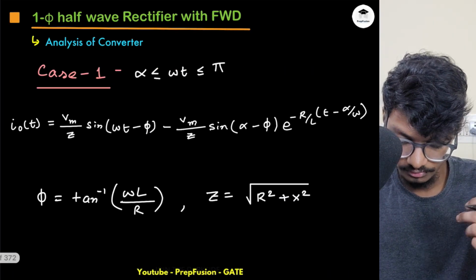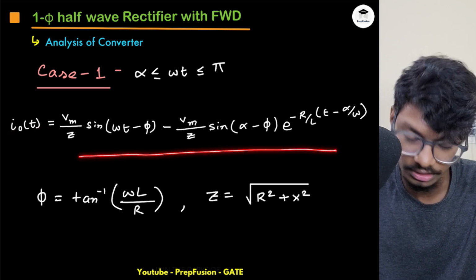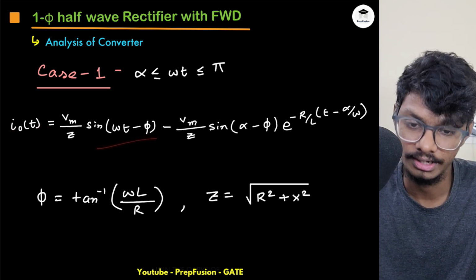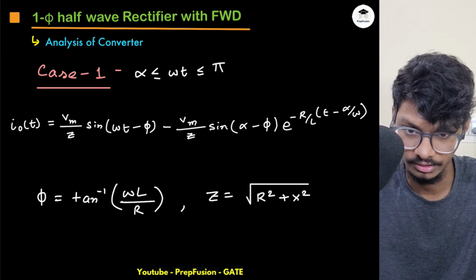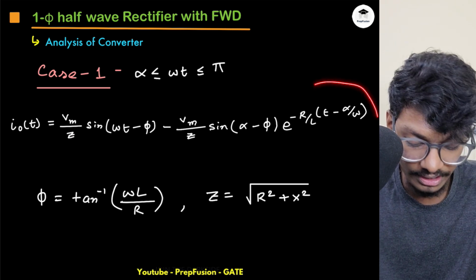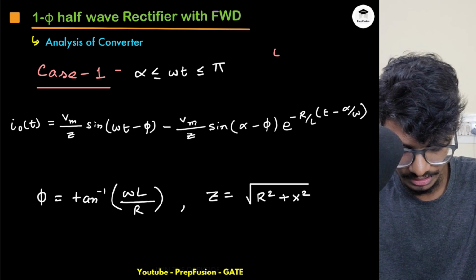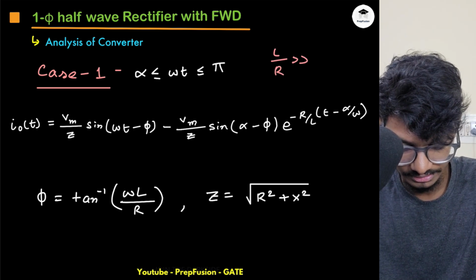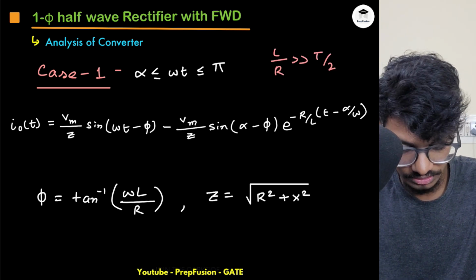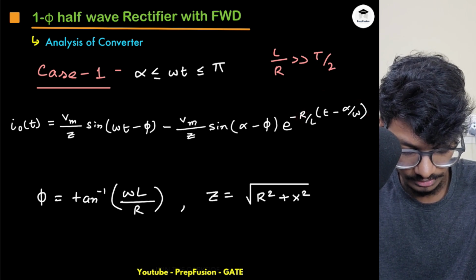Now all these equations are valid. These are the equations I derived during the analysis of the RL load. All of them are the same. Now this will be the equation of the current. If my L by R is very, very high compared to T by 2, what can I assume? This number, L by R, is very, very high.